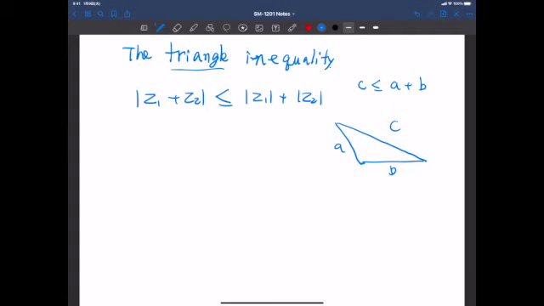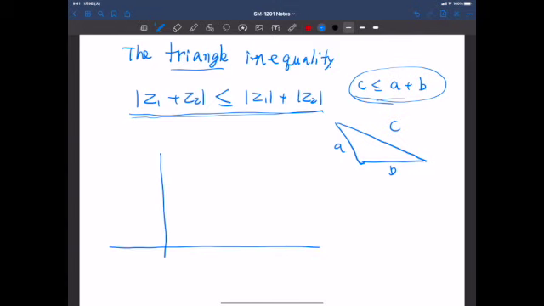So this is similar to the original triangle inequality. But what does a complex number have to do with a triangle? To understand this, consider the complex plane.